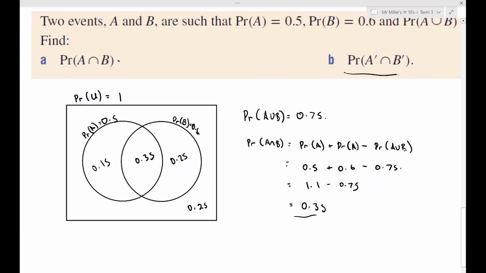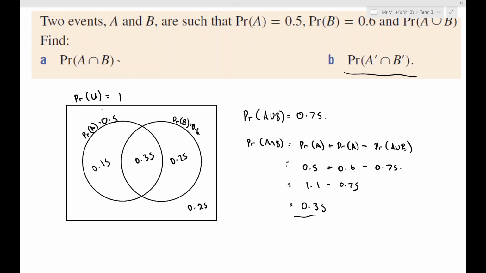Alright, so now we're looking at this one, probability of not A intersect not B. So we're looking at the probability of finding something that is not A and it's also not B. Anything inside the union of A and B is either A or B, right? So it can't be anything inside that union because we're looking for something that's not A and it's not B. It can't be either of them.